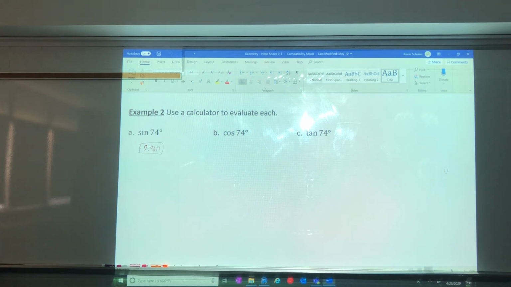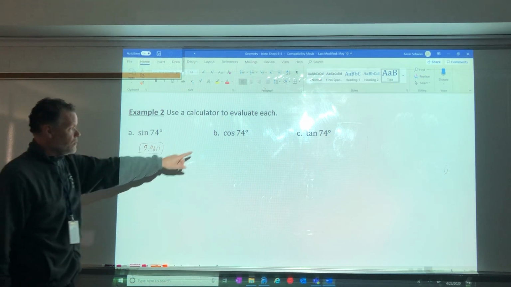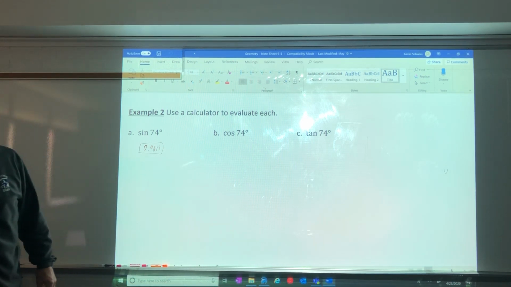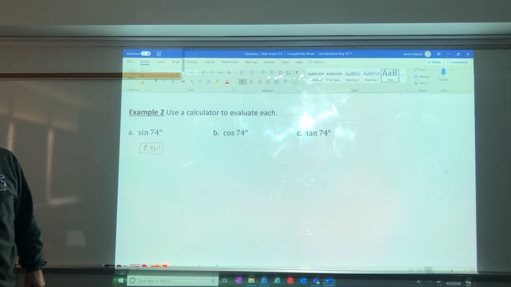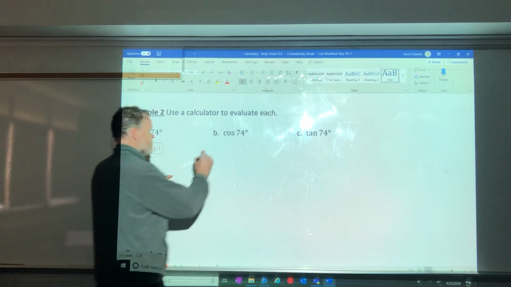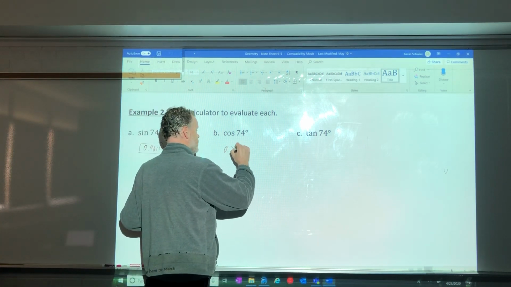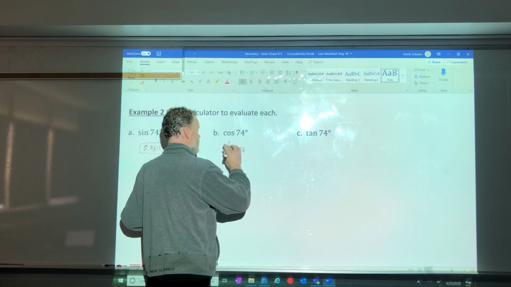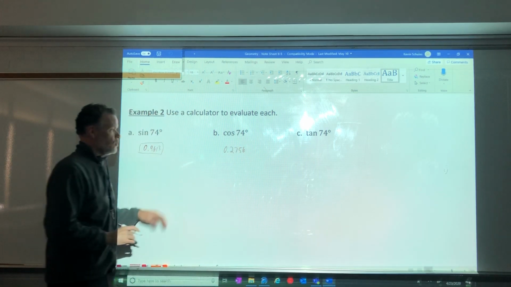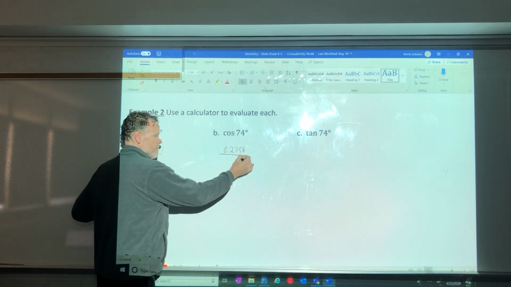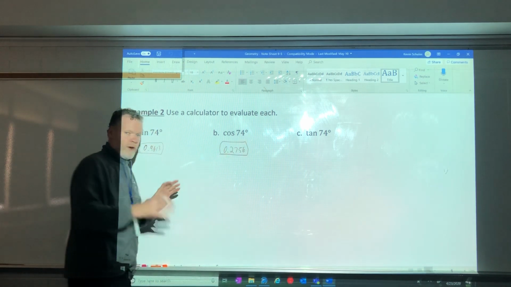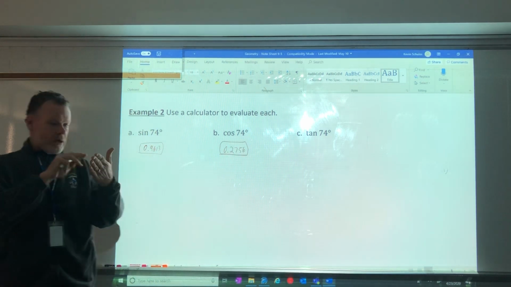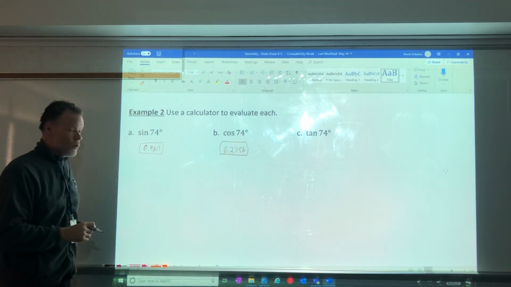Cosine of 74 degrees, we go to the cosine, that's going to end up giving you 0.2756. So if you put your phone sideways, you'll see sine, cosine, and tangent will come up.